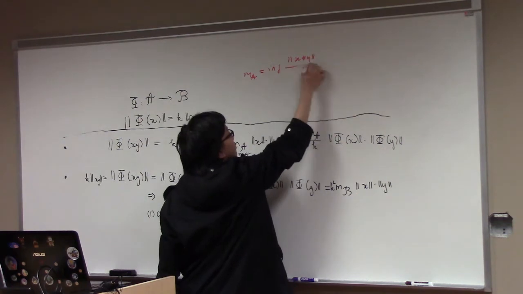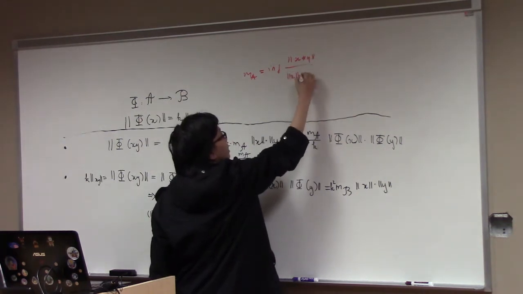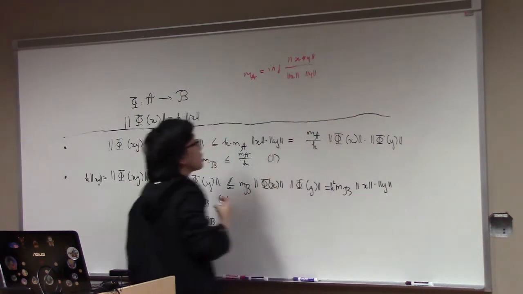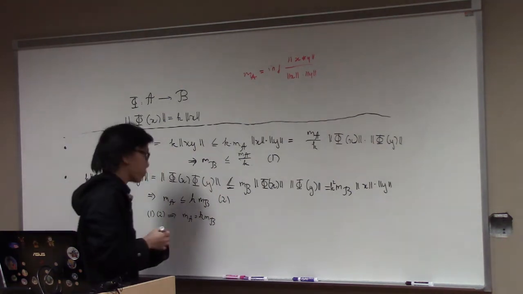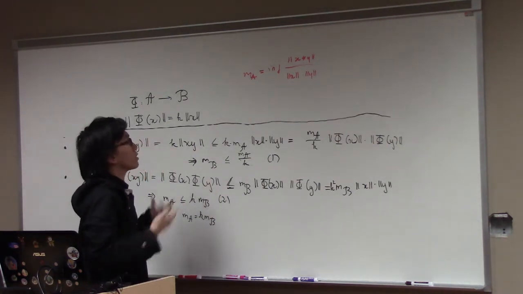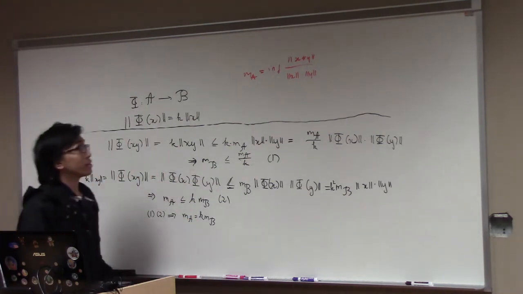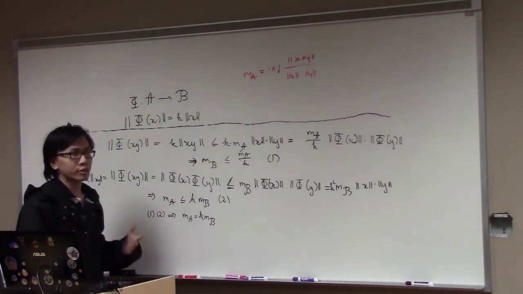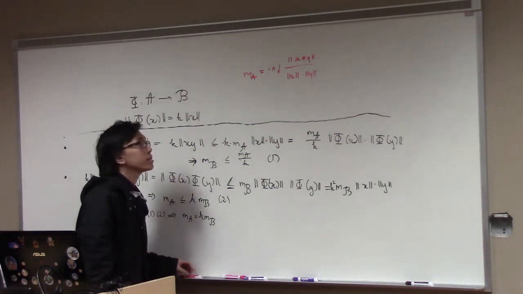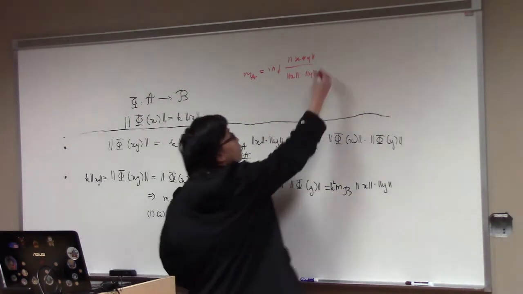It's not quite a product rule, but a submultiplicative rule. So I define M_A to be the infimum of that. Rather, it's a minimum, because we can achieve the minimum. Yeah.